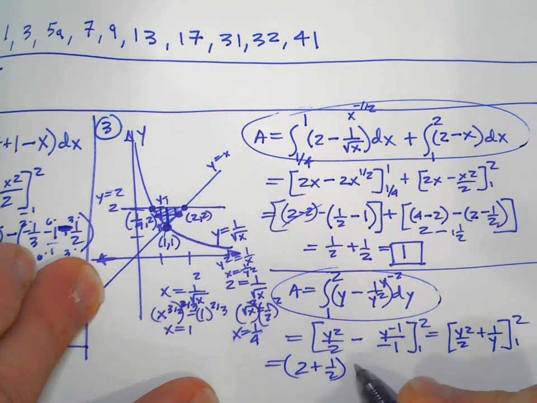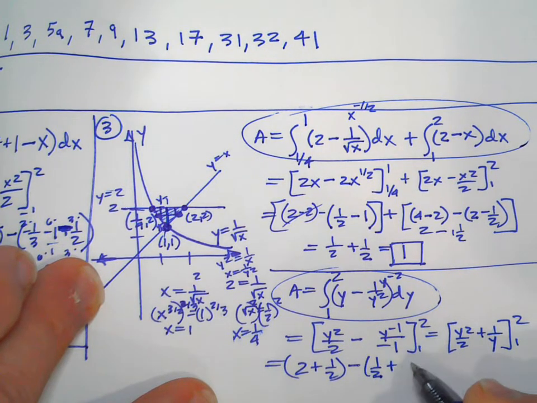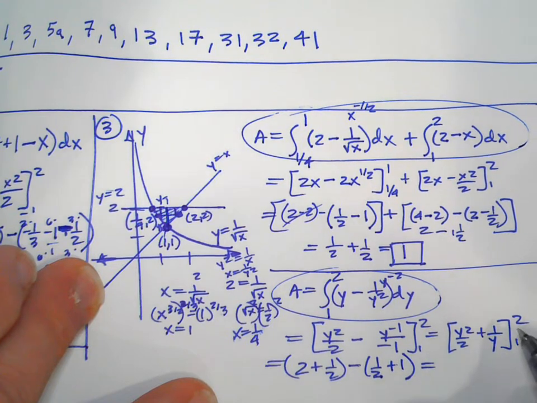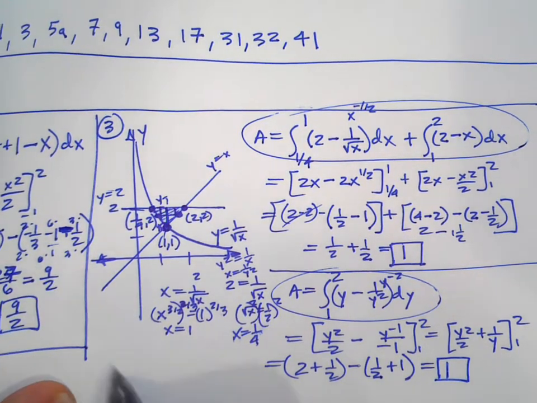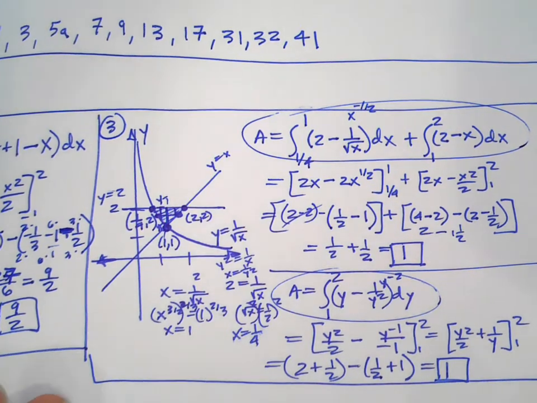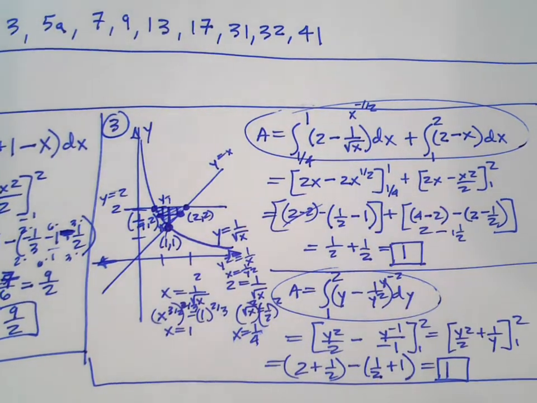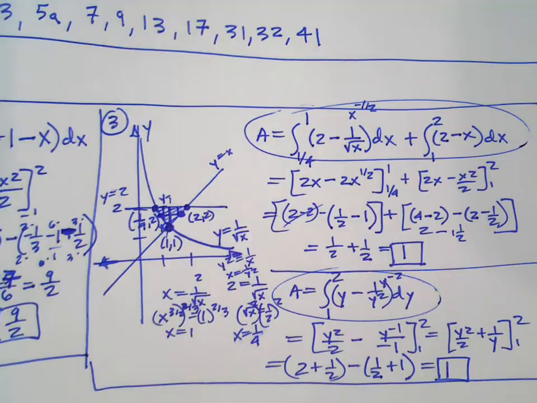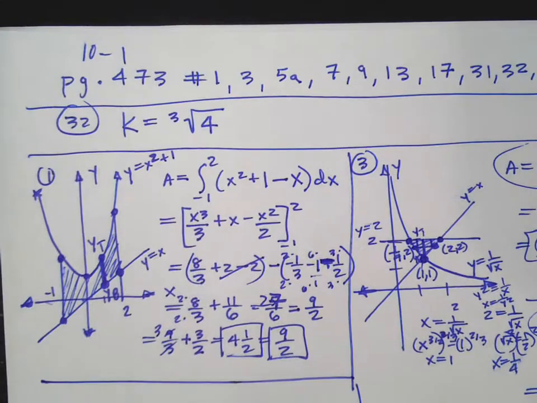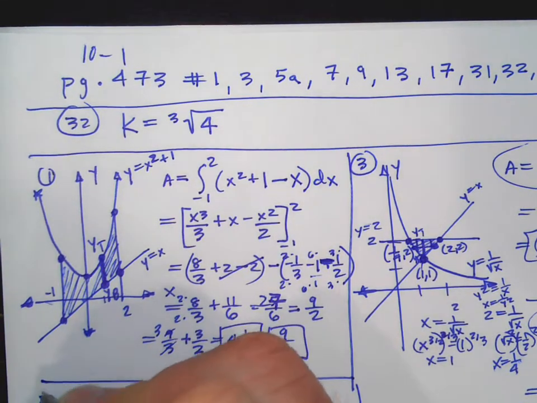And you plug 1 in, and you get 1/2 plus 1. And so we get 2.5 minus 1.5 is 1. Same answer. A lot cleaner work, though, I think, right? I mean, compare this to this. So we should give horizontal slicing a chance. There's certain places where it's a lot better.